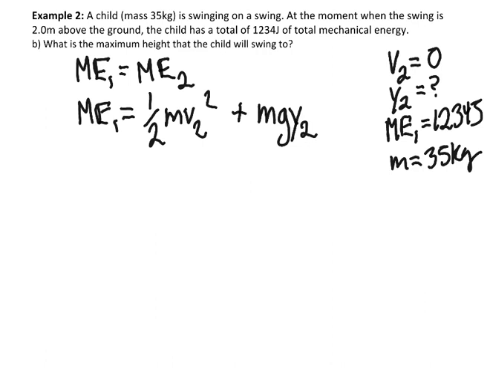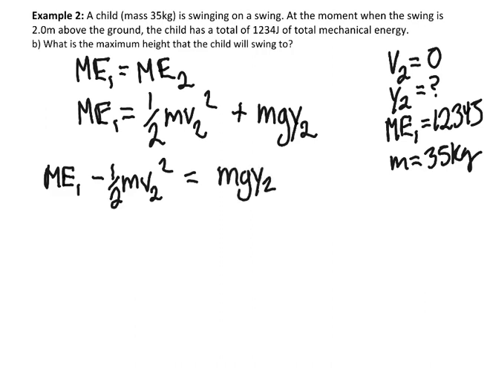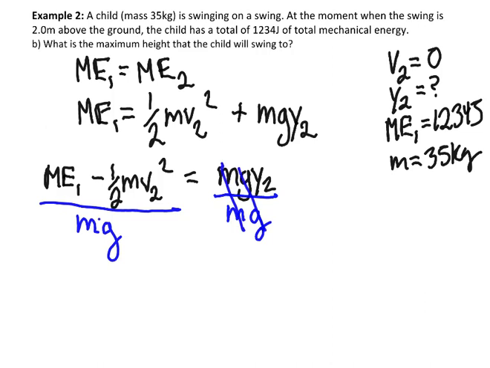So we just need to rearrange this equation for y2. So I'll do ME1, the initial mechanical energy, minus that whole kinetic energy term here is m g y2. And then we want to get rid of the m and the g, so you can divide both sides by m g. That cancels it on this side. Notice the masses again don't cancel here because you don't have a mass in every term.